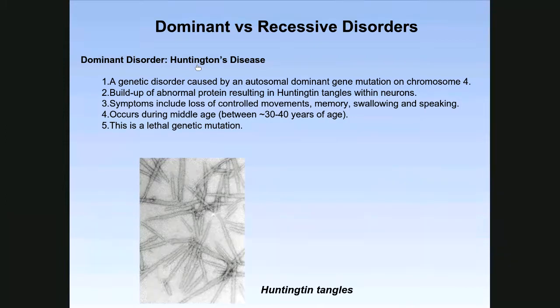So when it comes to dominant genetic disorders, the only offspring that survive to birth are heterozygous dominant. So please remember that, okay? For Huntington's disease, those that are diagnosed with this dominant genetic disorder that live to about 30 or 40 before symptoms show up, they are heterozygous dominant. But it's the dominant allele that causes this dominant genetic disorder.